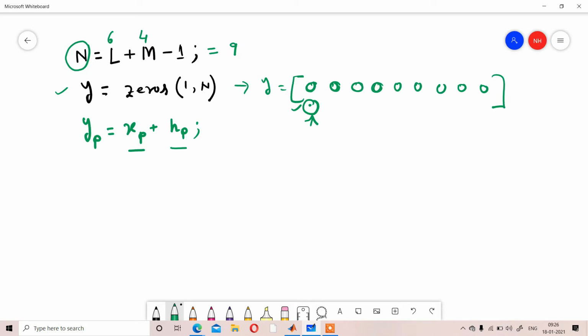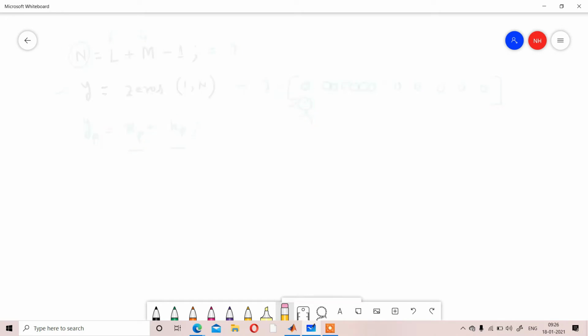Then the main thing comes, the main equation comes. Now you have to write down the equation. First I am writing the code, then I am explaining.